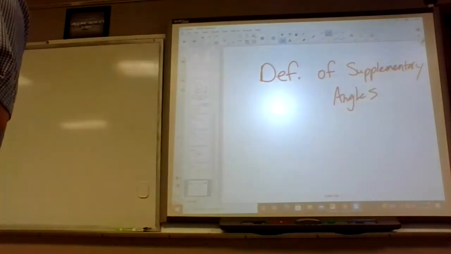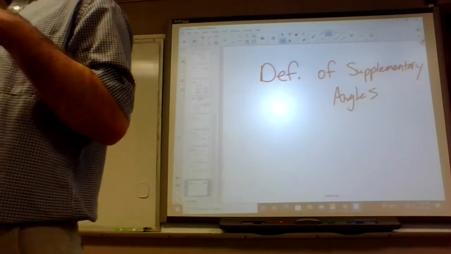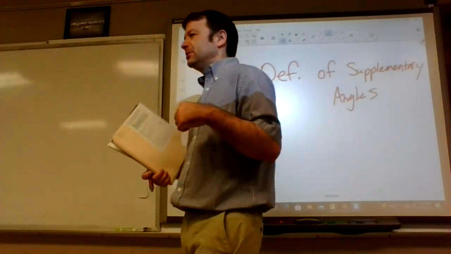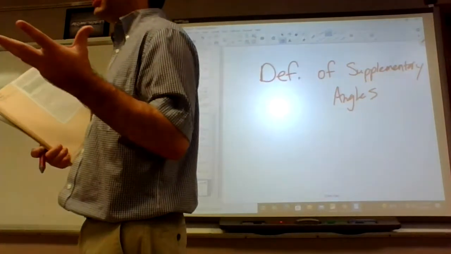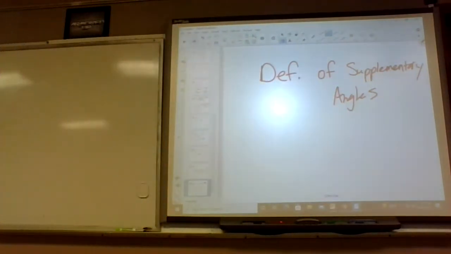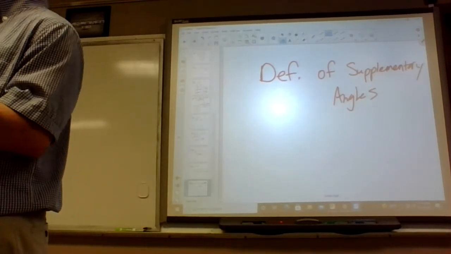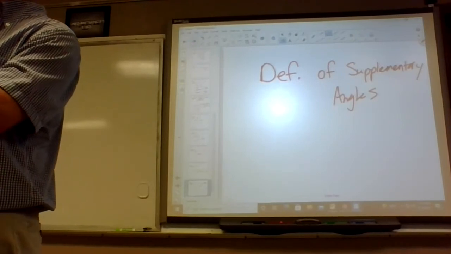It doesn't tell you they add up to 180. That they add up to 180 is actually a theorem. If you don't know the name of the theorem, you can just say what the rule is. Linear pairs are always supplementary, right? But that is called the linear pair theorem.